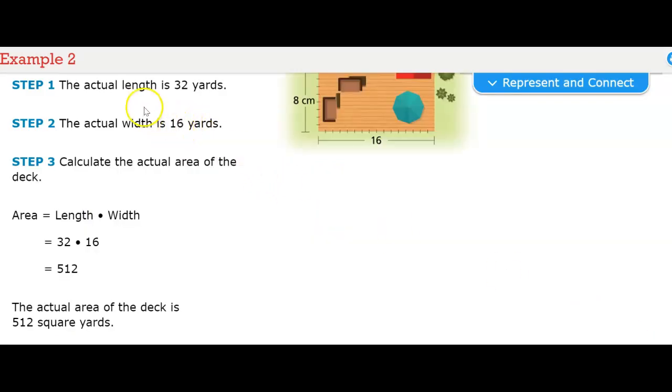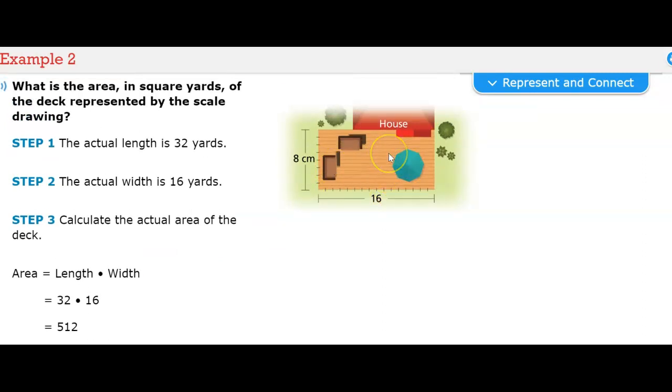Step 3 is to find the area. 32 times 16 is equal to 512 square yards. So now we know the area of the actual deck in the backyard.